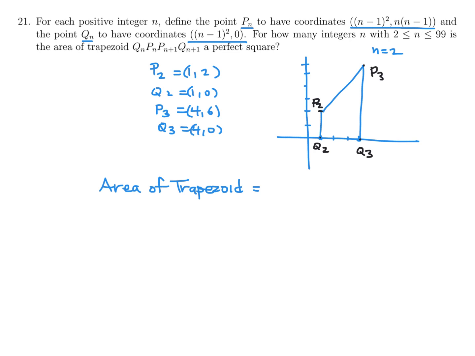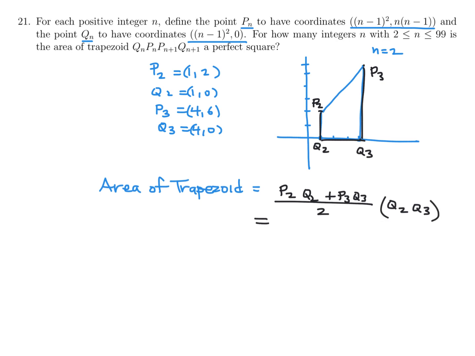So the area of the trapezoid would be (P2Q2 plus P3Q3) divided by 2, and then times the height, which in this case would be Q2 to Q3. So what I did was this plus this, and we're making that guy the height. And that's the basic formula of an area.